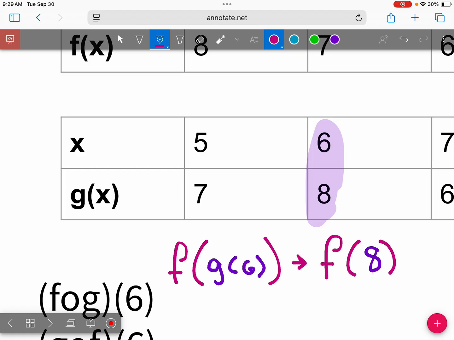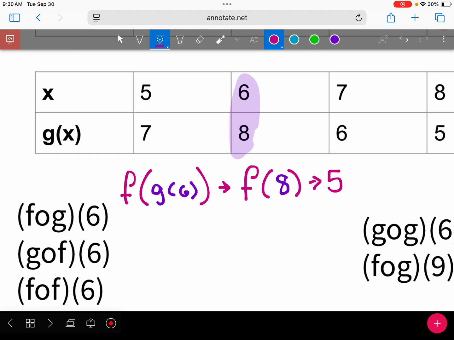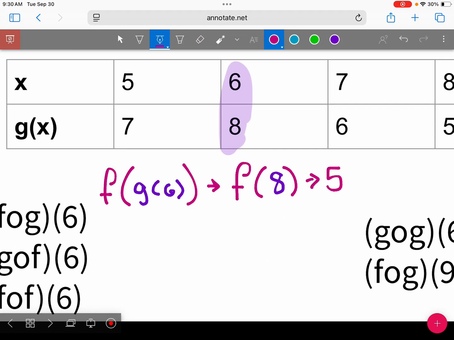So if we know that g of 6 equals 8, then f of g of 6 is really saying, okay, what's f of 8? 5. When x is 8, f is 5. So f of g of 6 went to 5.